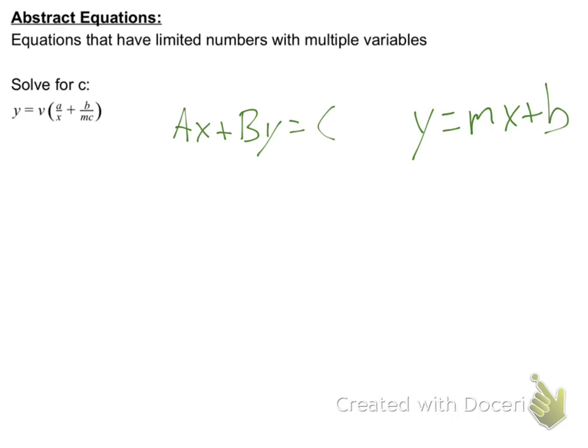One is standard form, the other is slope-intercept form. But what you should also recognize is that this form and that form are interchangeable. One is solved for the constant, standard form, and the other is solved for y.